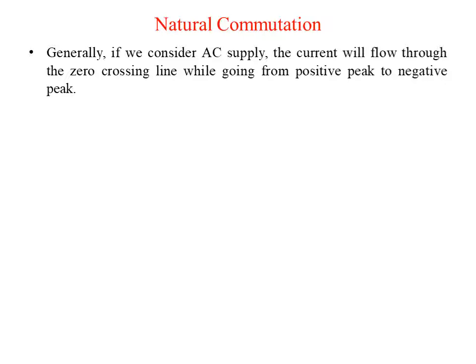In one complete cycle we get 2 points at which voltage and current naturally go to zero, that is at pi and 2 pi intervals.